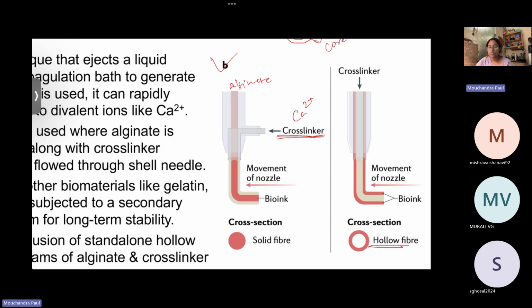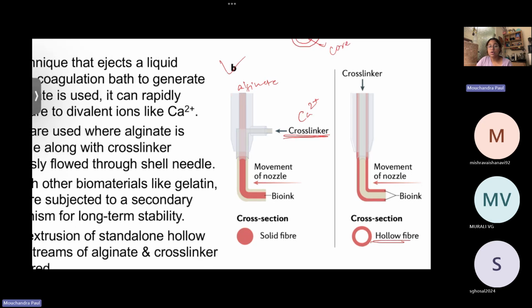But there is an issue. If the alginate concentration is not high enough, since we are instantaneously exposing the calcium ions to the alginate, the strength of the alginate may not be high enough to sustain the tubular hollow structure.